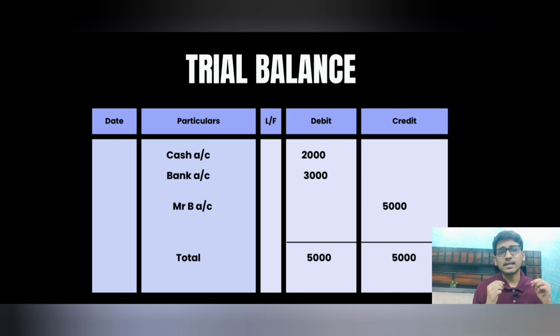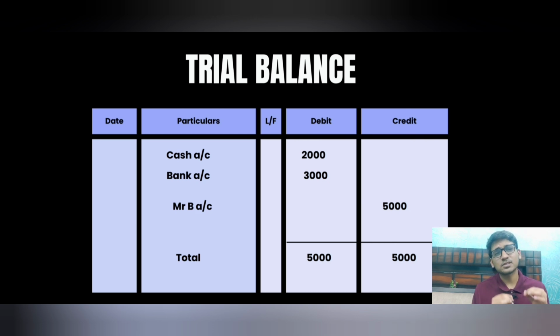As cash is an asset and the asset is increasing, it is debited as per the rules I mentioned earlier. In case of the bank, we are depositing money into the bank, which is rupees 3000. Bank is also an asset, so as the asset is increasing, it goes on the debit side. That is why the amount 3000 is also on the debit side.